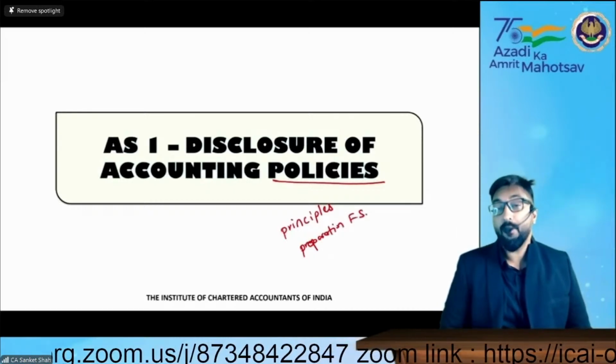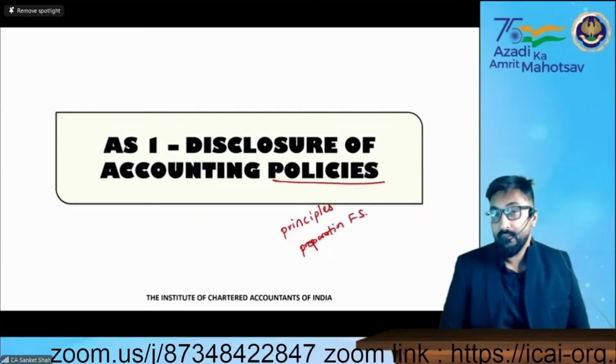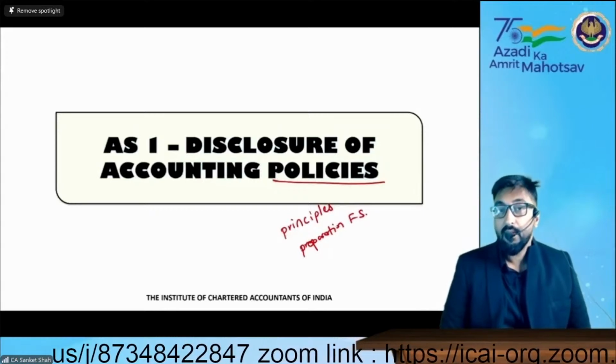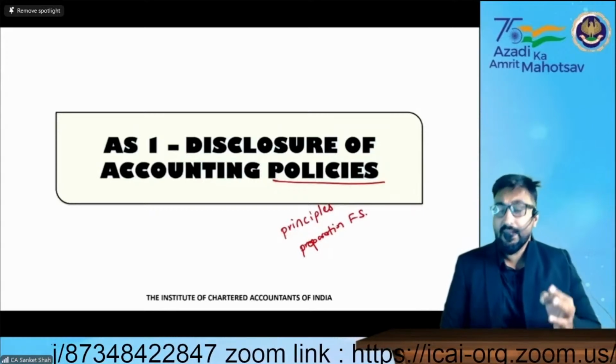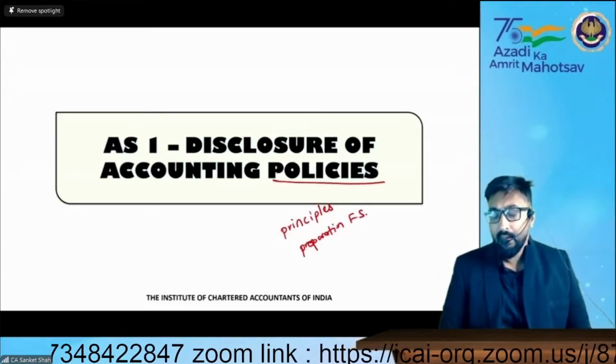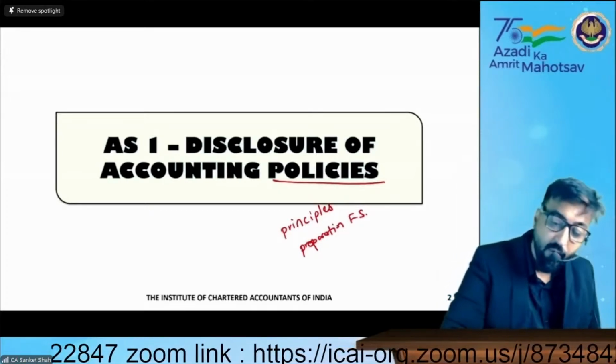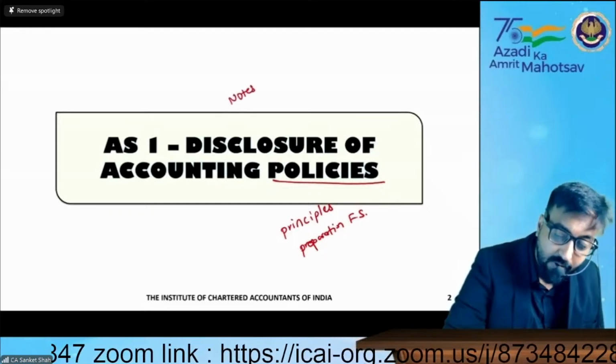What are you adopting? Selection and implementation. So accounting policies means principles, and you have to disclose them in your notes to accounts.